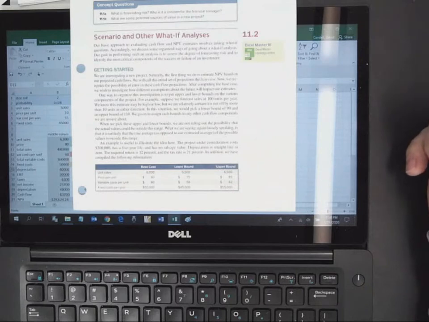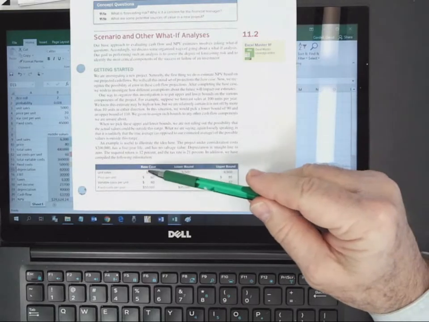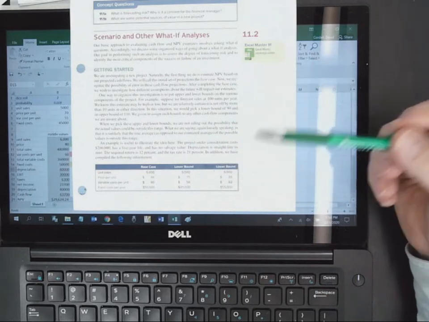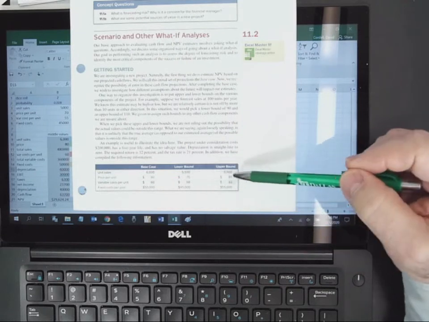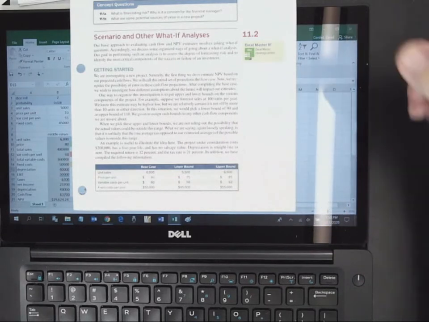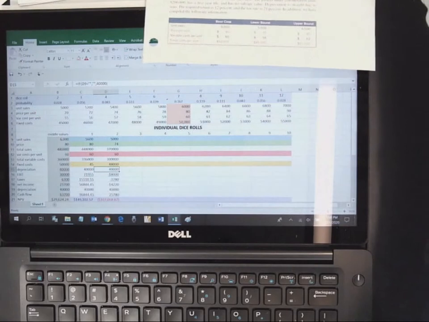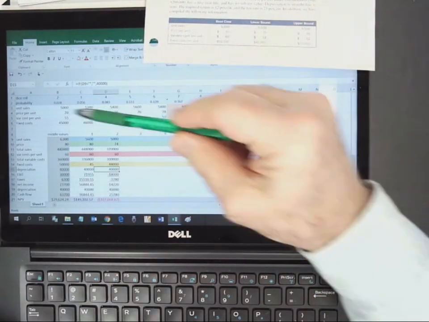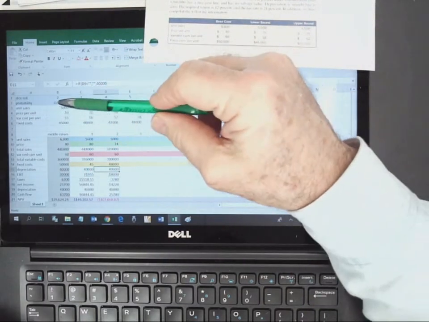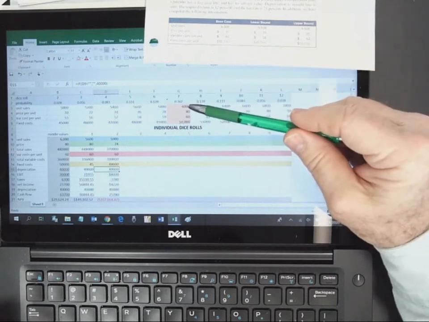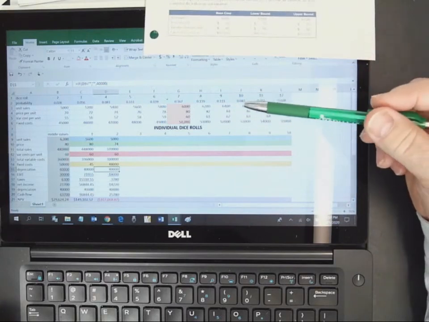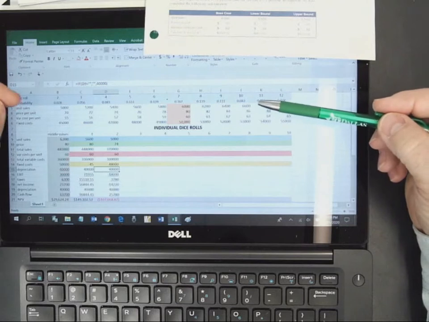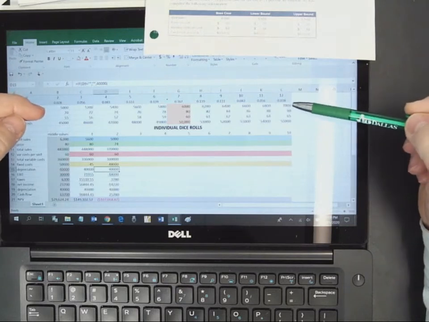What I'm going to do is take each one of these four variables and give them a probability distribution. I'm actually going to have a broader distribution than just these three cases. So for example, we've got unit sales. Unit sales had 6,000 as the base case, with a lower bound of 5,500 and an upper bound of 6,500. I've spread that around, so my unit sales go from 5,000 up to 7,000.